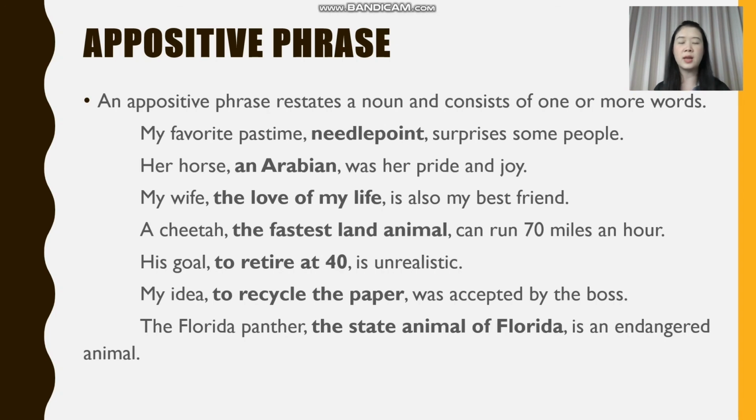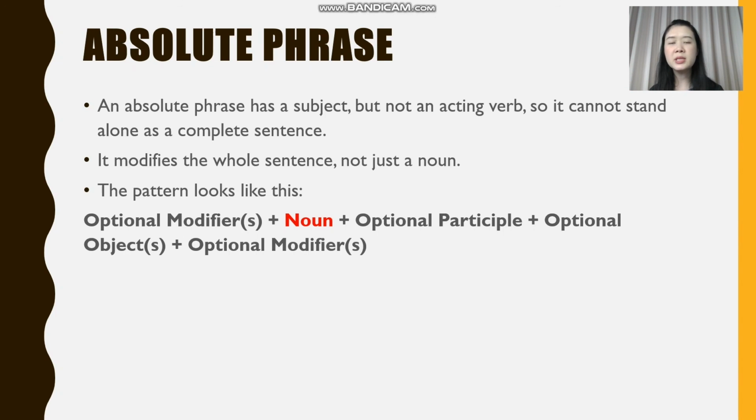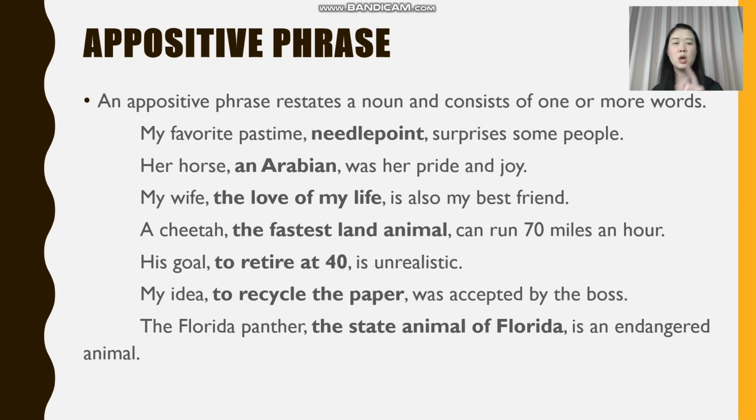Okay, it's different. Alright, here is the last type of phrase, that is the absolute phrase. So I can say that the appositive phrase and the absolute phrase, they are good friends. That's because if it is the appositive phrase, we use it to restate the noun, normally like the subject of the sentence, right?